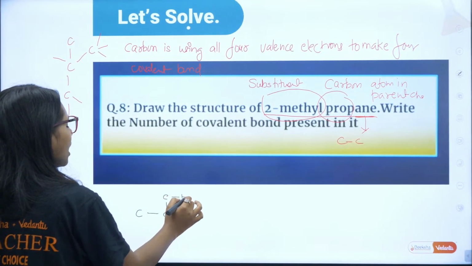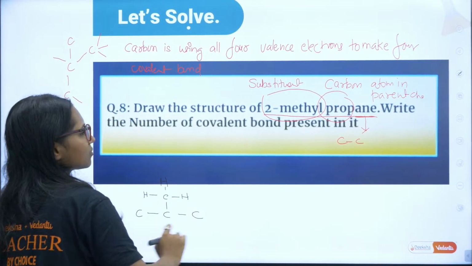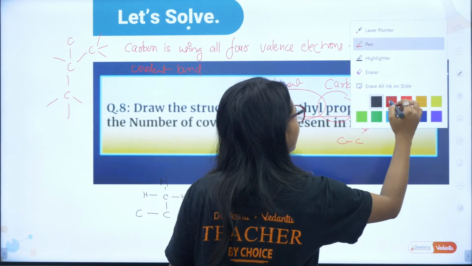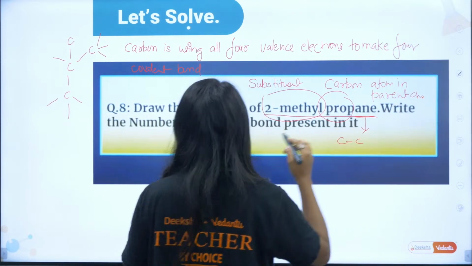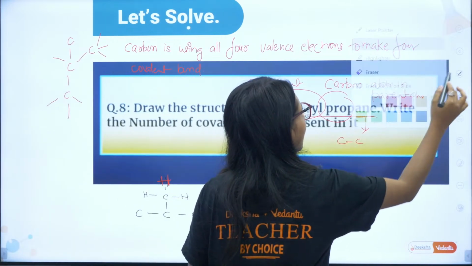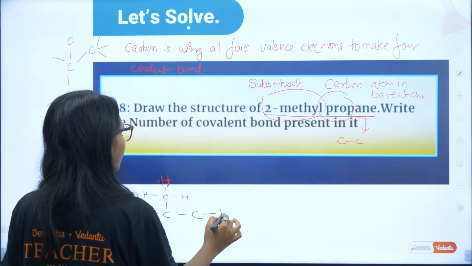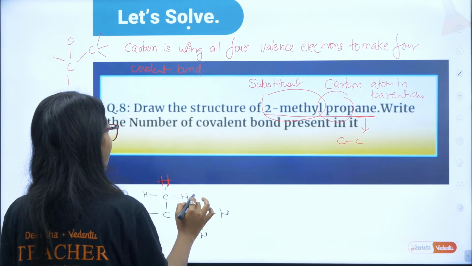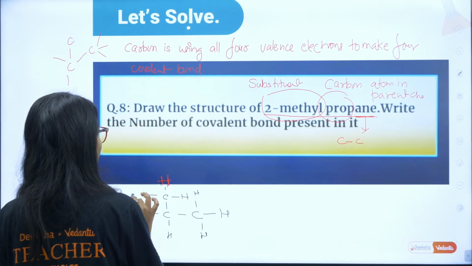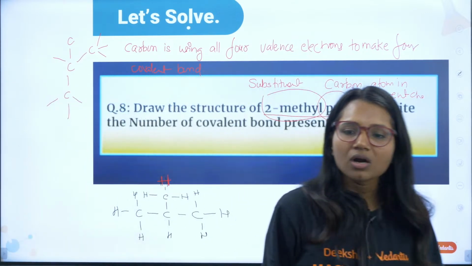One carbon, hydrogen, hydrogen, one more hydrogen. This hydrogen is visible to you. Here, one more hydrogen. Again, one hydrogen on each remaining carbon. How many covalent bonds are present?